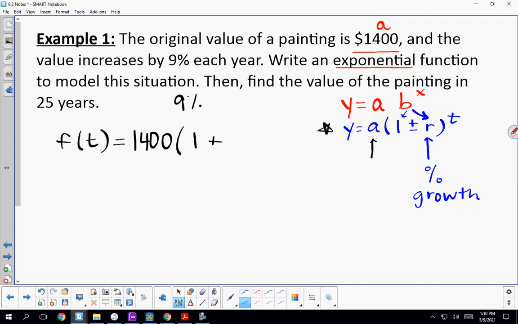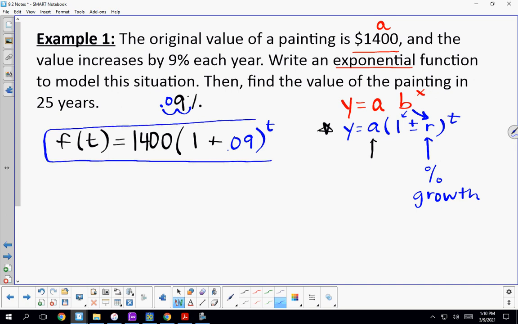So if I take a percentage and I want to write it as a decimal, my decimal is here unless I see somewhere else, and I'm going to move that 2 places to the left. So I now have 0.09. And that's going to be to the power of t.